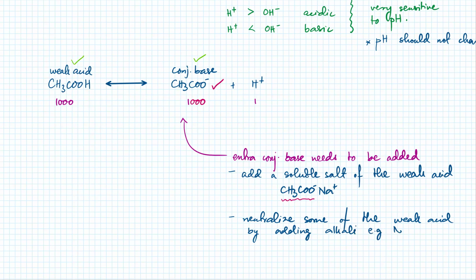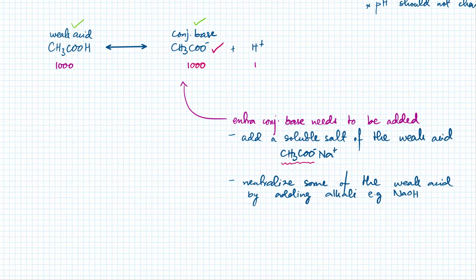An example is NaOH. Since I did have ethanoic acid, if I add a little bit of NaOH to it, then some of the ethanoic acid is going to get neutralized and it will produce the conjugate base.